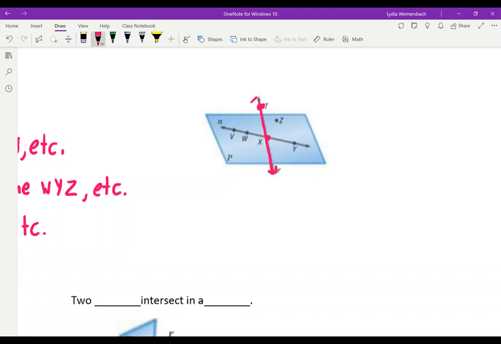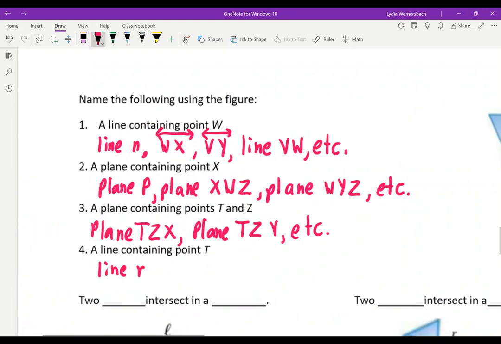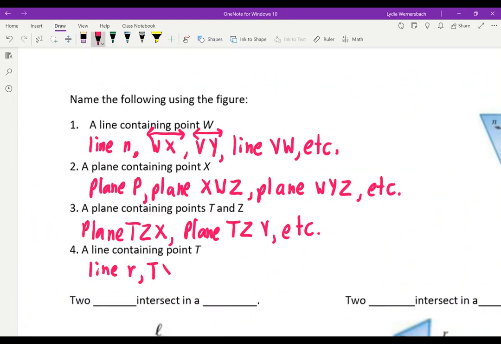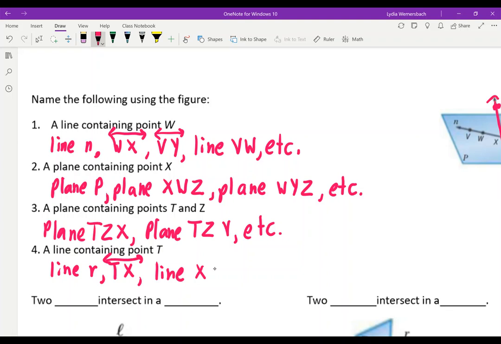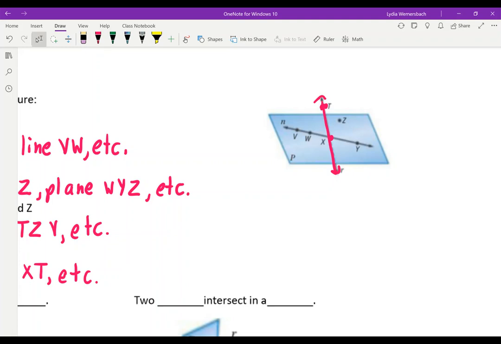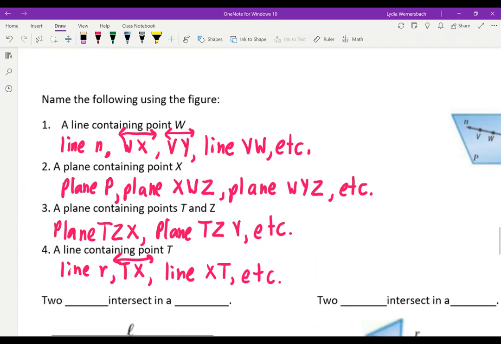We're still talking about this. So we could say TX with the bar on top. Okay. We could also say line if we wanted to switch up the order, XT. And there are a few more, but we can really only use TX for this line because there aren't any other points on the line. So those are really our only options for points.